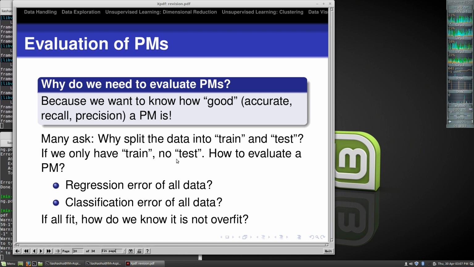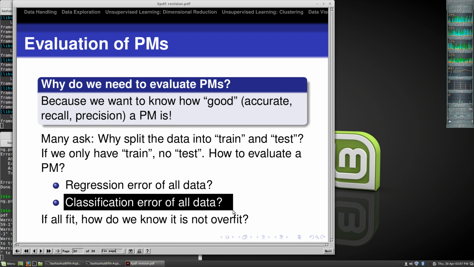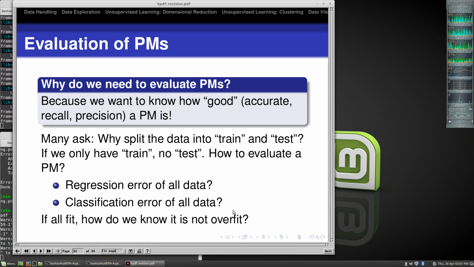Especially for linear regression, normally we just fit the model, and then we just find the regression error. Can we not do this for classification?